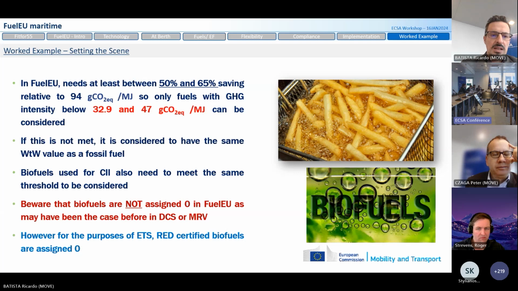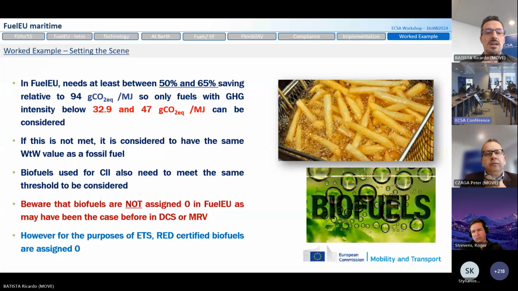So in fact, the well-to-tank intensity can be between 32.9 and 47 to be considered under FuelEU. If not met, the biofuel is given the same value as for fossil fuels.